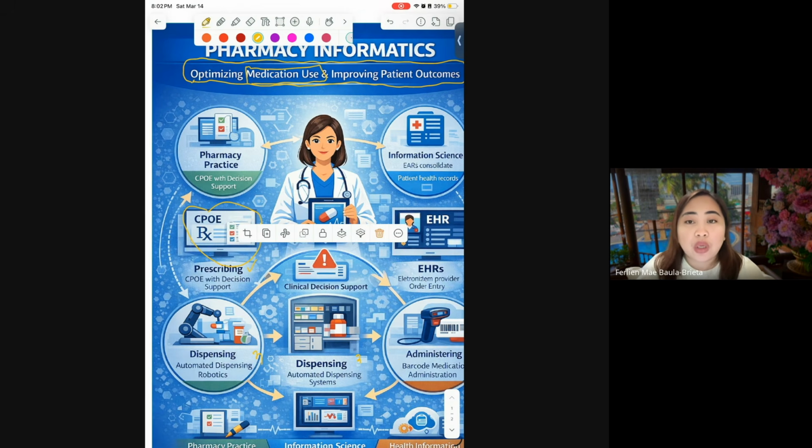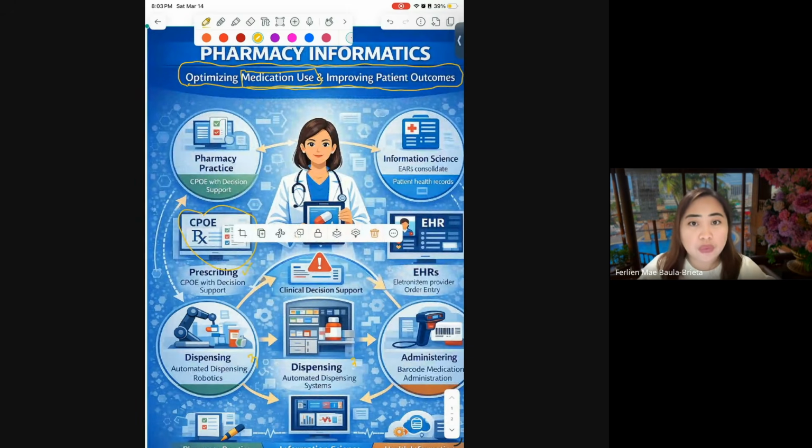I hope you have gained enough knowledge to be literate in informatics and to transform raw clinical data into actionable insight that will improve medication therapy outcomes. And I hope you'll be brave enough to process this data and use it to support evidence-based clinical practice.